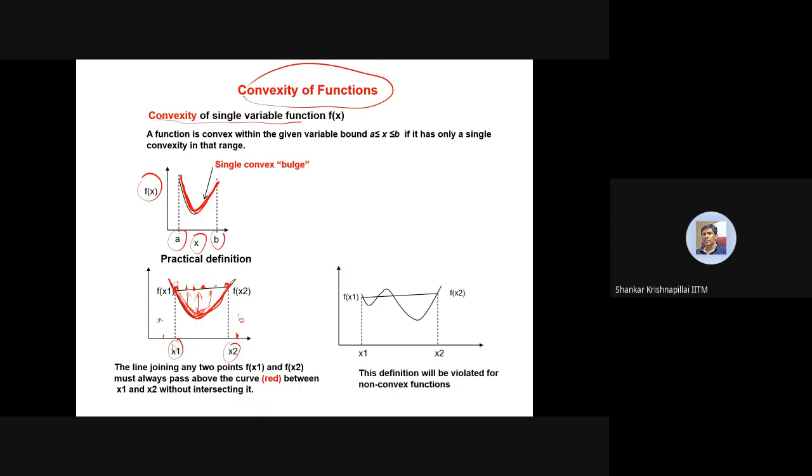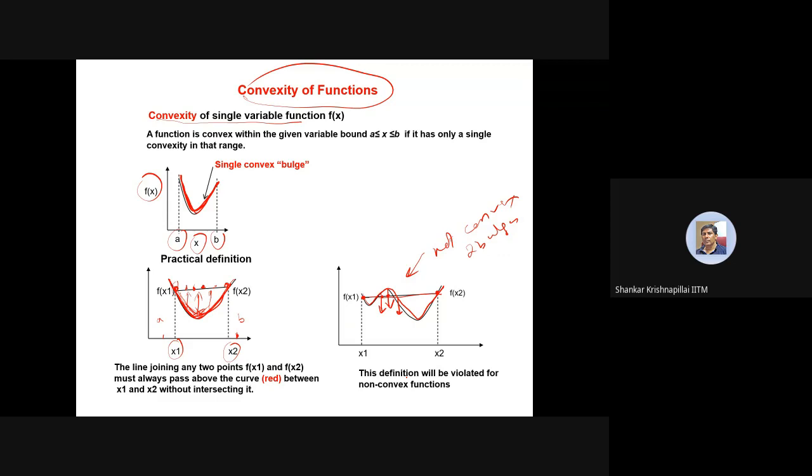You can see that if a function is not convex like this, this is not convex, because it has two bulges. If you apply this definition, that is, I take two points x1, x2 and draw the line, then some of these interpolated points are lying below the curve.